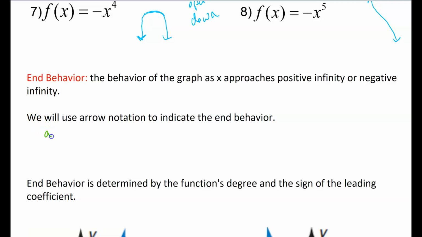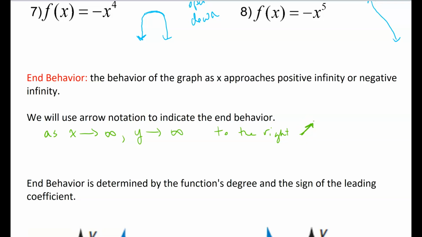We would say as x goes to infinity, y goes to infinity, and that's going to happen when the graph is increasing on the right.